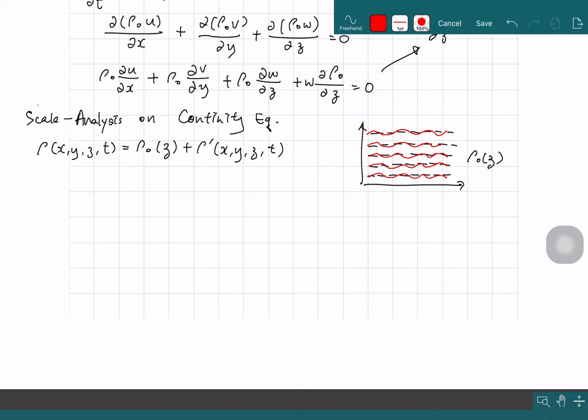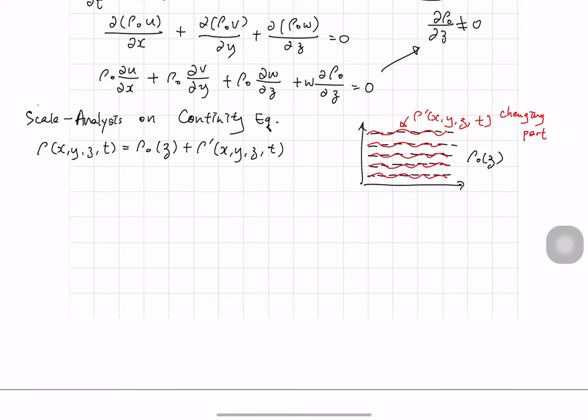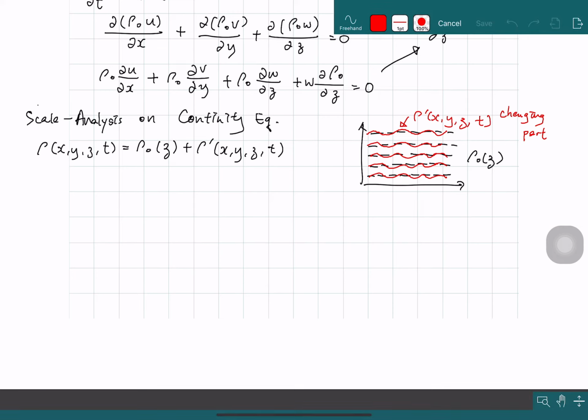Okay, so this is rho pi, which is the changing part of your equation. This is a non-changing part.